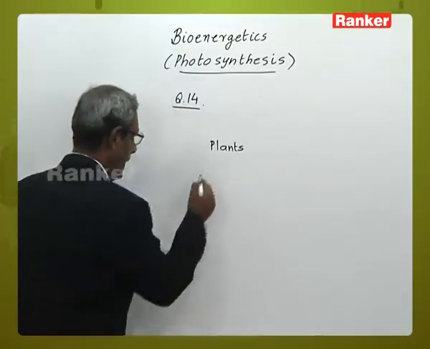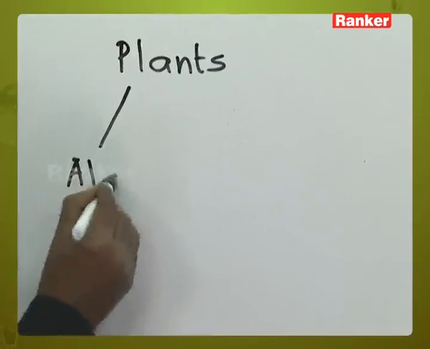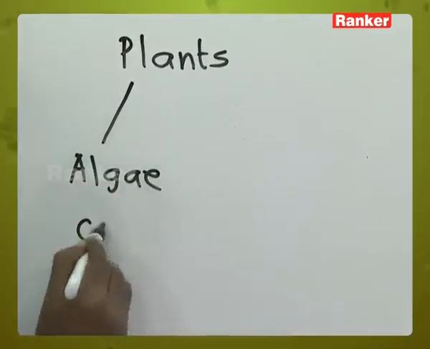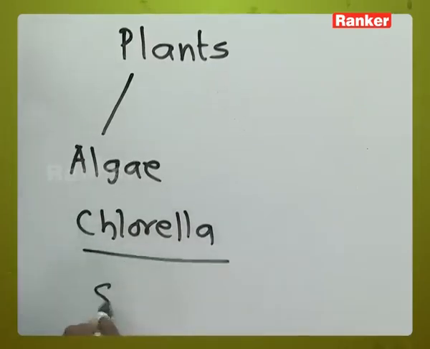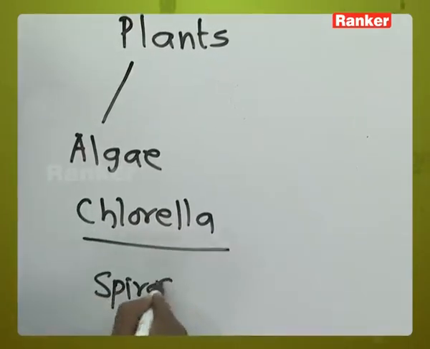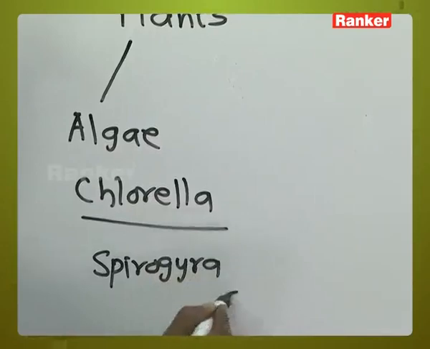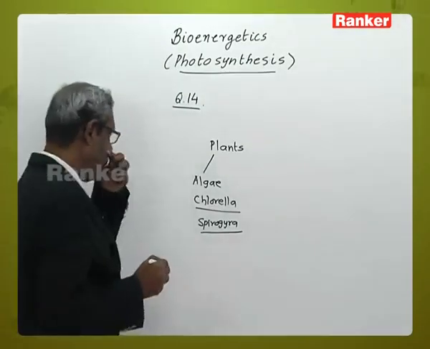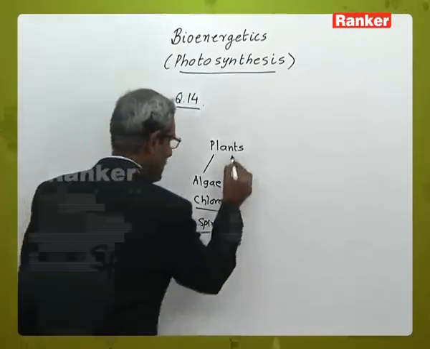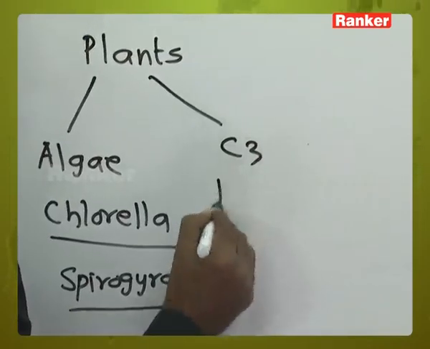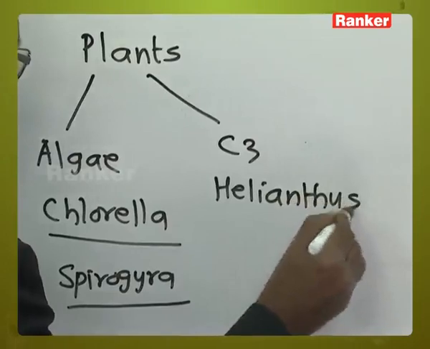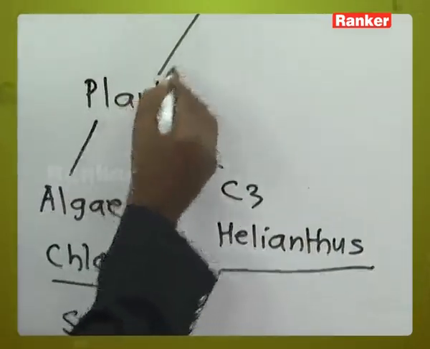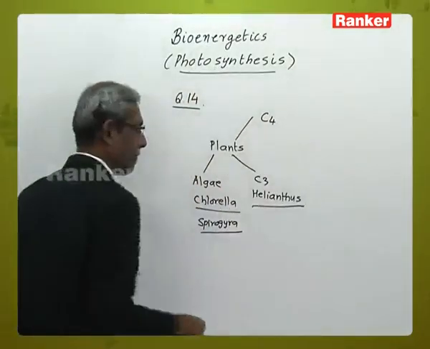plants could include algae like Chlorella or even Spirogyra. It may also include a C3 plant like Helianthus or sunflower, and plants can also include C4 plants.